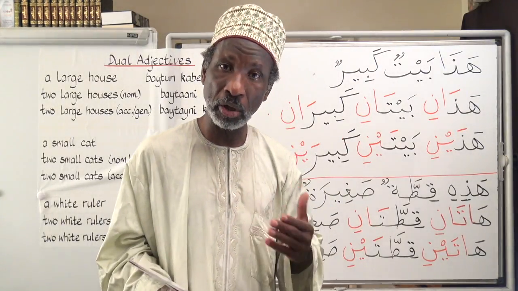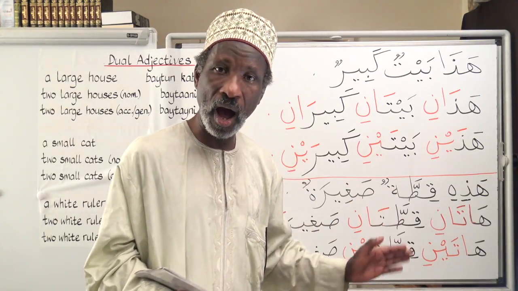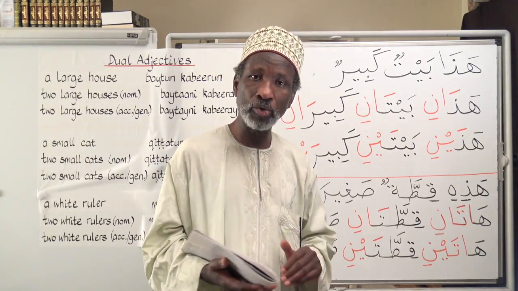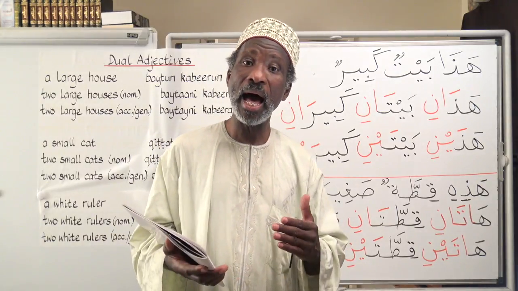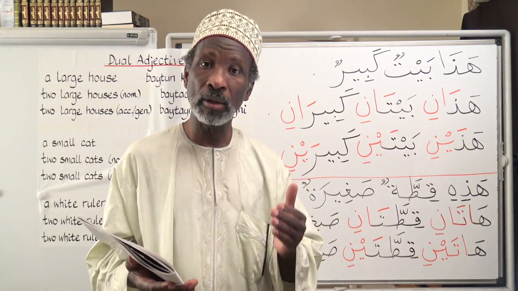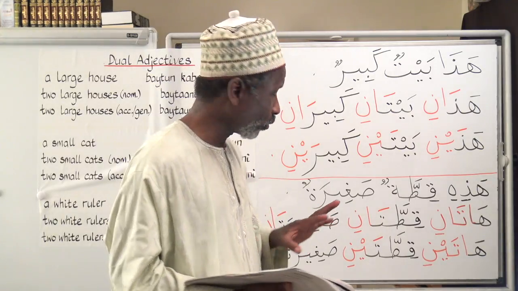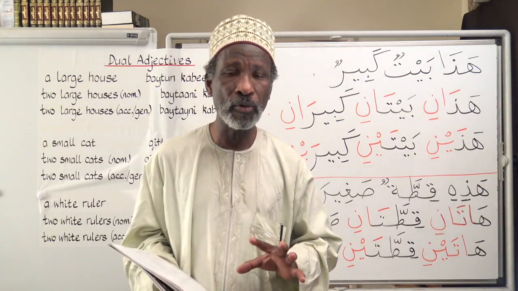هاتان قطتان صغيرتان. These are two small cats, and that's nominative. Now, genitive or accusative -ain ending becomes هاتين قطتين صغيرتين. So that is the basis, and that is the example for you.